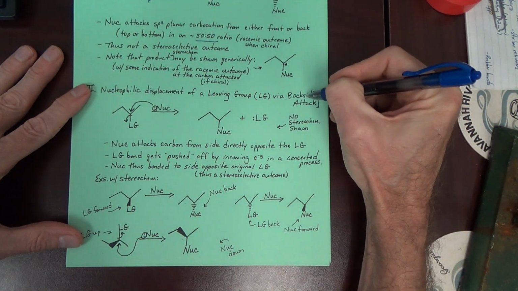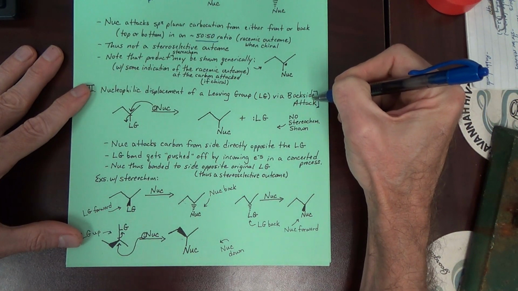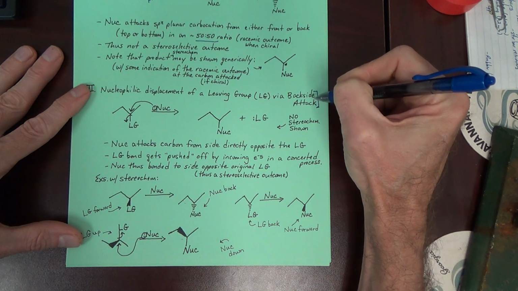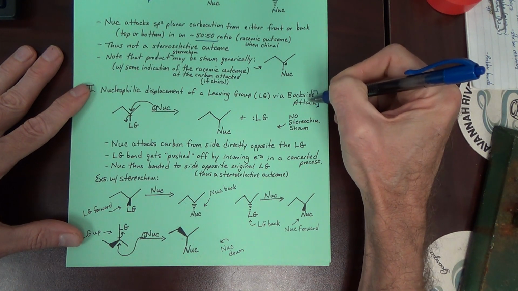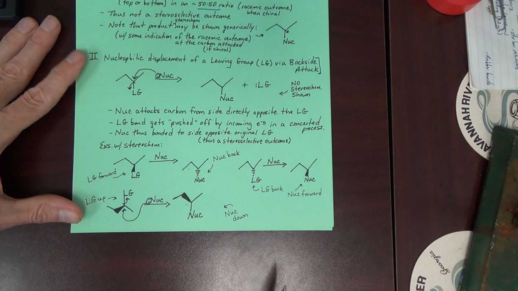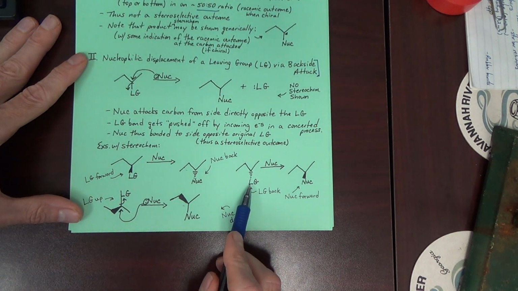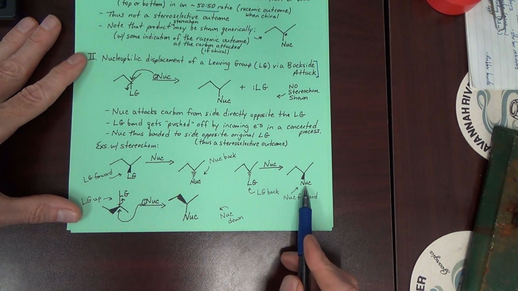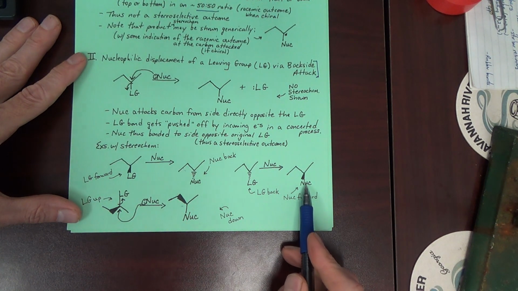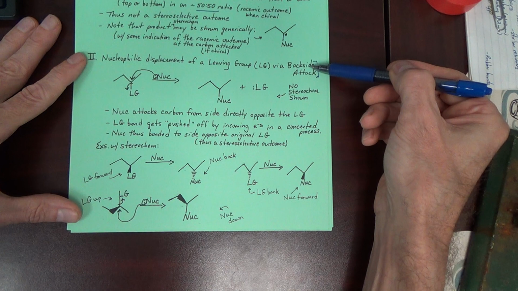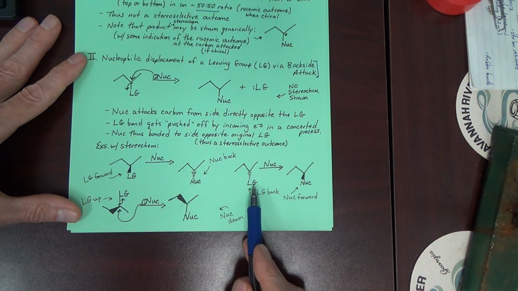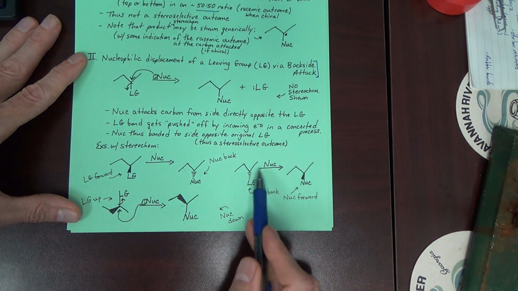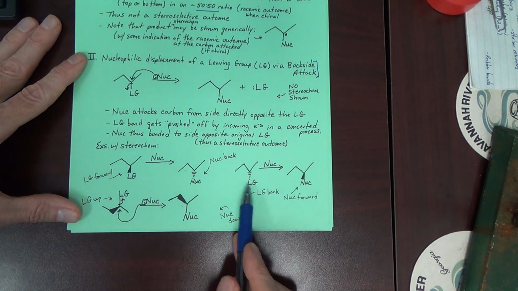Now, it might make more sense if you called it opposite side. Because if the leaving group is back, the nucleophile comes in actually front side. The backside is in reference to the position of the leaving group. Okay? It's always sort of opposite to the leaving group, or backside compared to the leaving group.